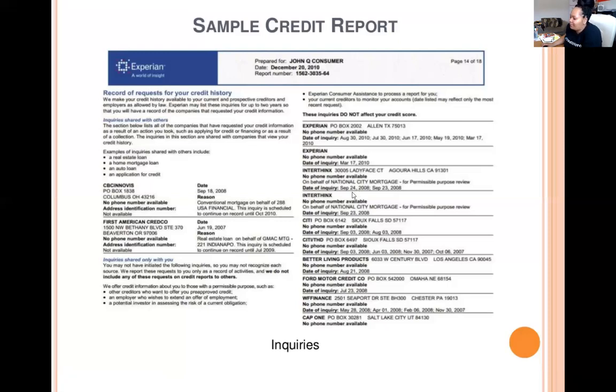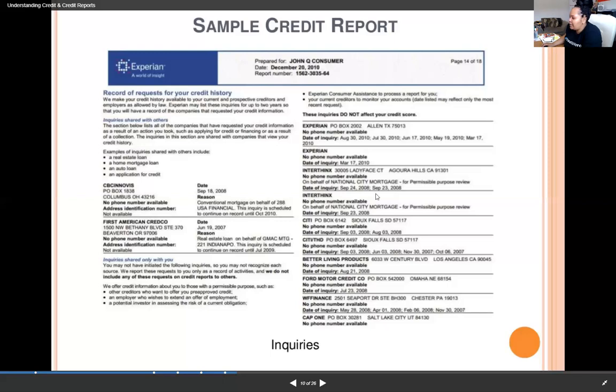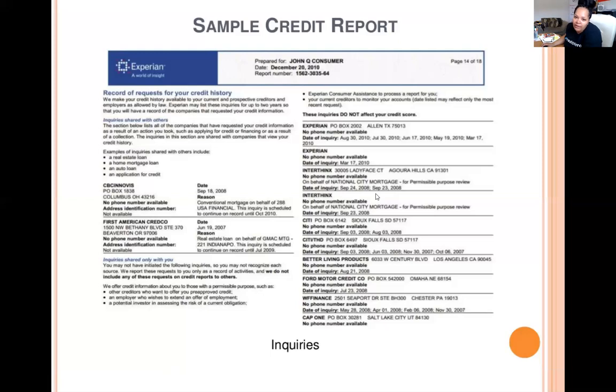Keep that in mind. It's giving you the date so that you can calculate when the inquiry is scheduled to fall off.